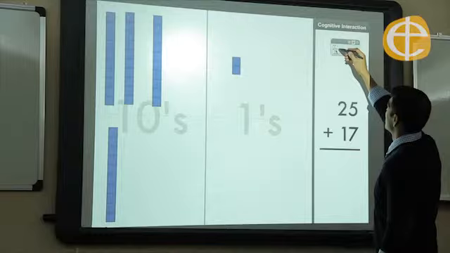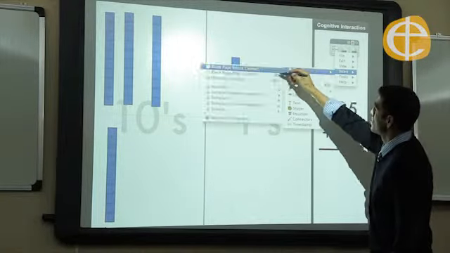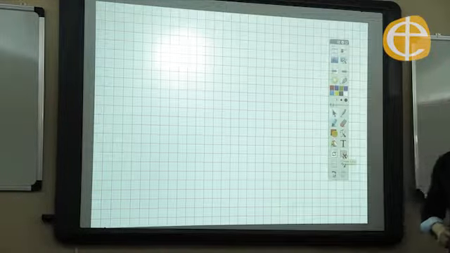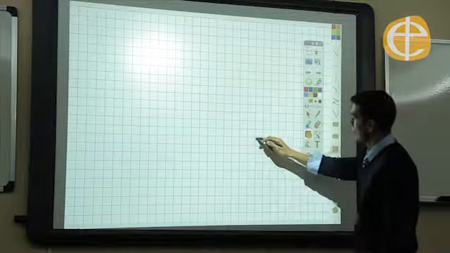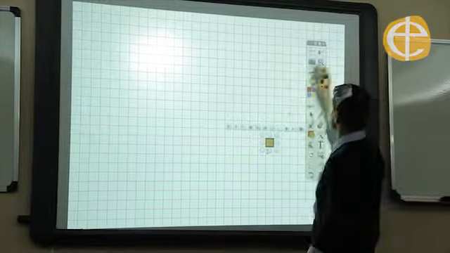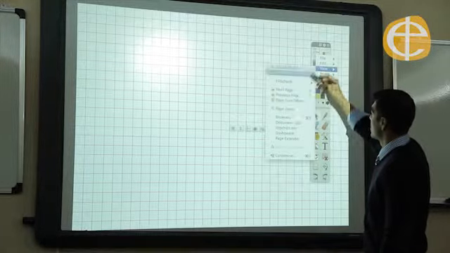So, yeah, absolutely. What I'll do is I'll make a new page. Okay, so the first thing I do is turn on the grid. And then I'm going to use my shapes tool. I'm going to create a square, like that. And on this square, I'm going to go to my properties. Tell me if I'm going too fast, by the way, I'll slow down.